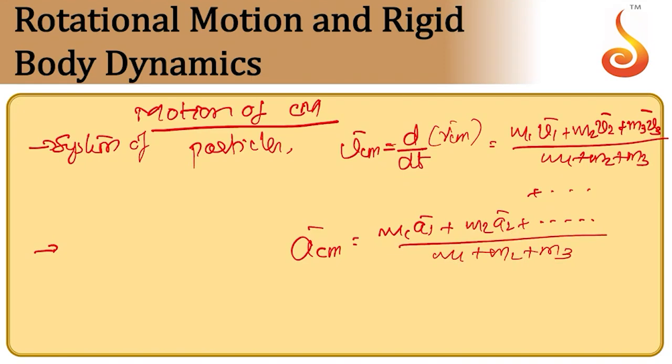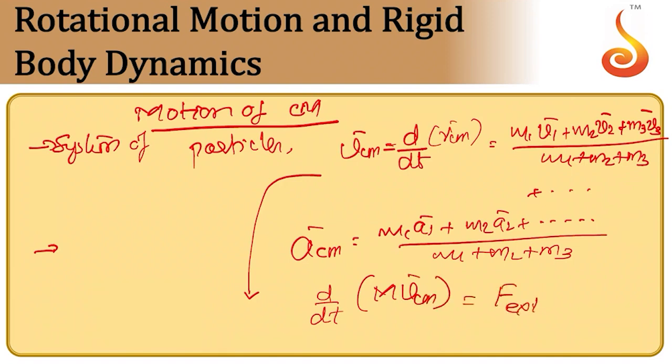Now if you look at this equation, you notice that d by dt of m into VCM is nothing but force. That's actually external force. So if external force is 0, then m into VCM is equal to constant.